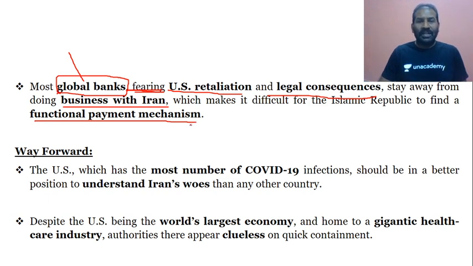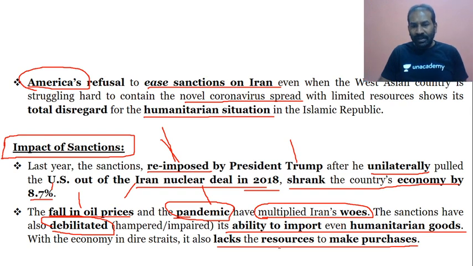That is what Iran is expecting from the global banks, wherein they can have the resources to make purchases, which will make sure that the humanitarian or essential goods which are required will be put in place for the crisis which is taking place now.